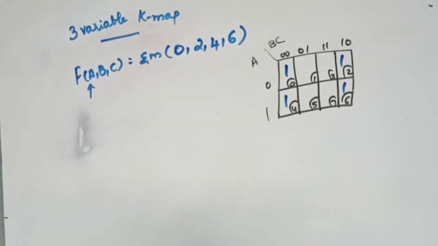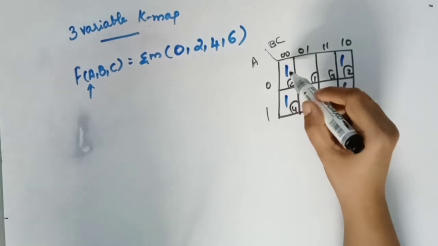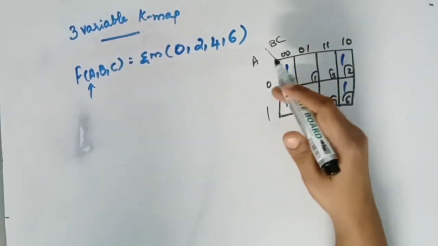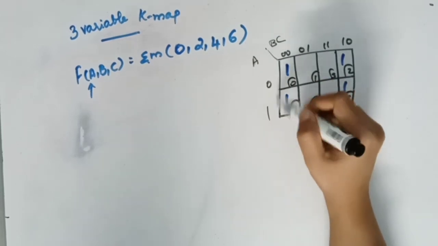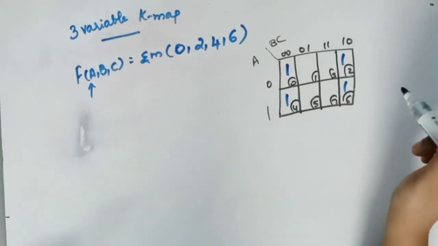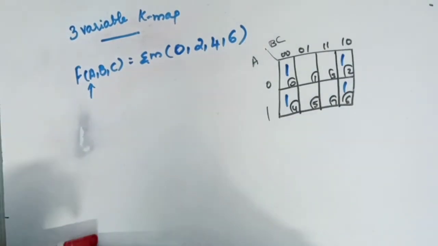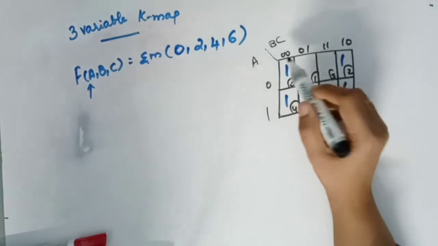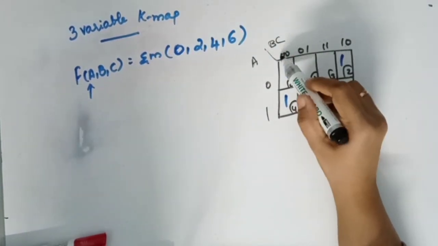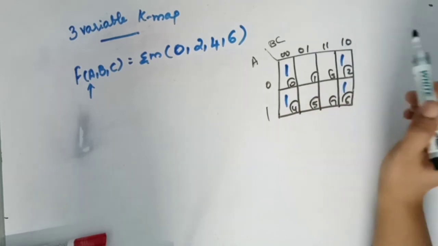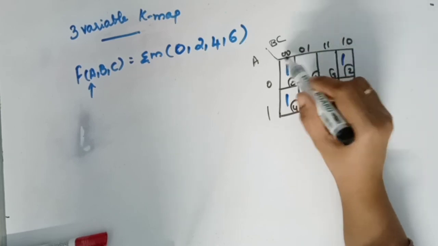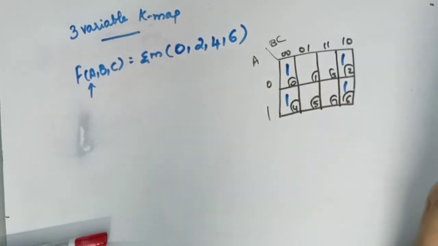So in this we can see that these 2 ones can be grouped vertically. These 2 ones can also be grouped vertically. But there is another thing, that is, if you see these 2 cells, these 2 BC values, you can see that B is different for these 2 cells, but C is same.